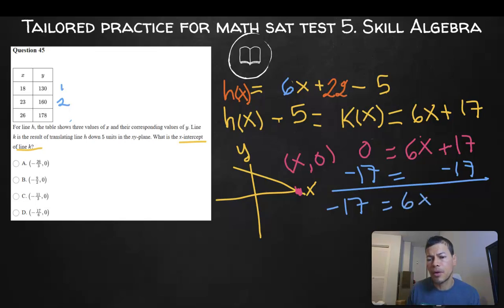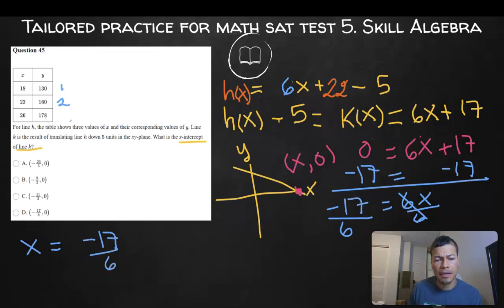Now, next step, we're going to divide everything by 6. So we have the left side divided by 6, and we divide the right side by 6. So this cancels each other out. And then I have that x equals negative 17 over 6.